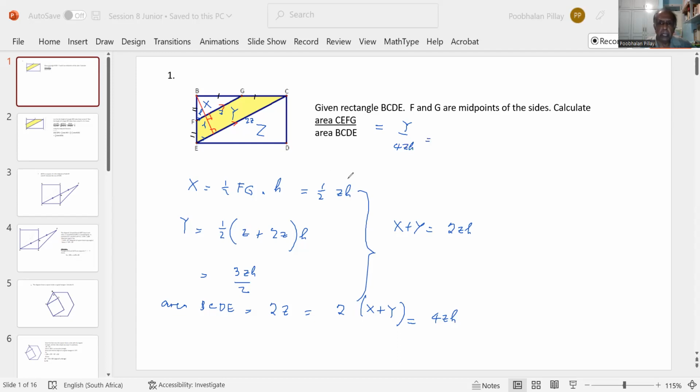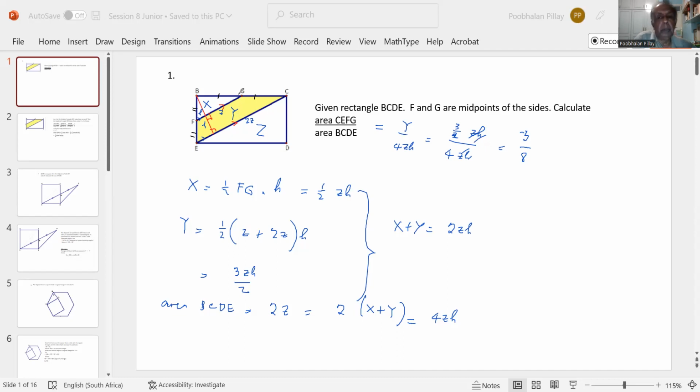But the area of the Y part is 3 over 2 ZH. So it's 3 over 2 ZH over 4 ZH. And the Z's cancel, the H cancels. 3 over 2 divided by 4 is 3 over 8. So the answer to this problem, the area of the shaded region to the whole rectangle, is 3 over 8.